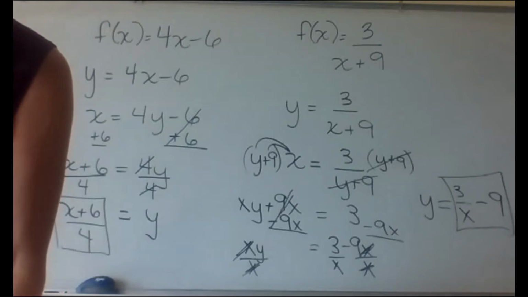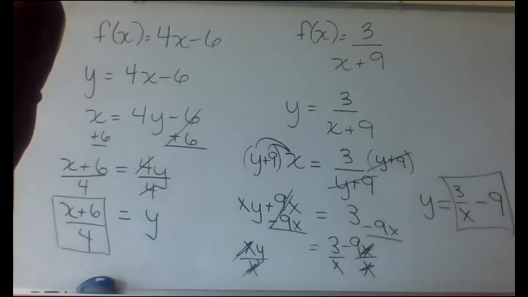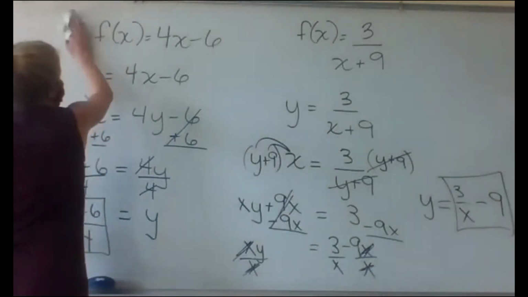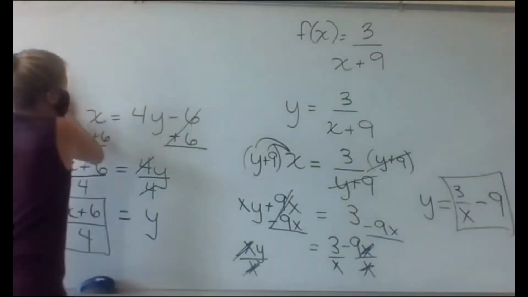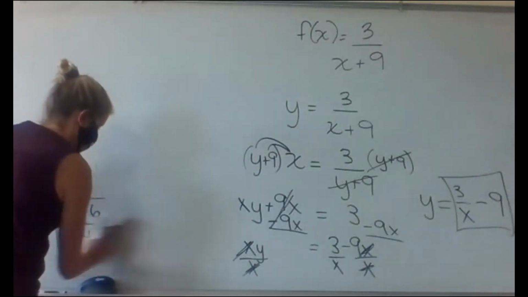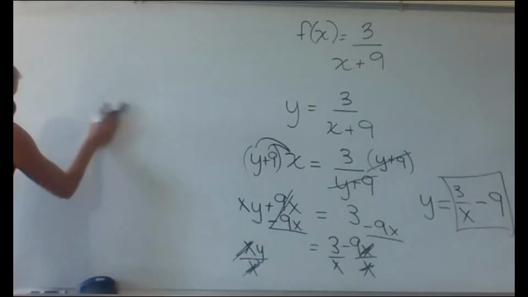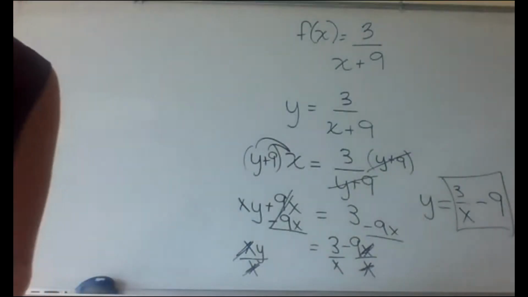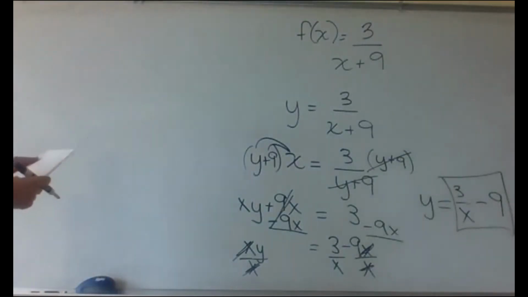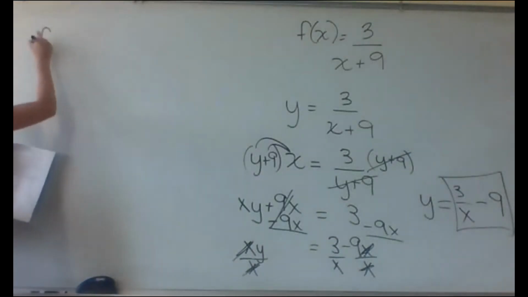All right, number 10. f(x) equals x cubed minus 5.